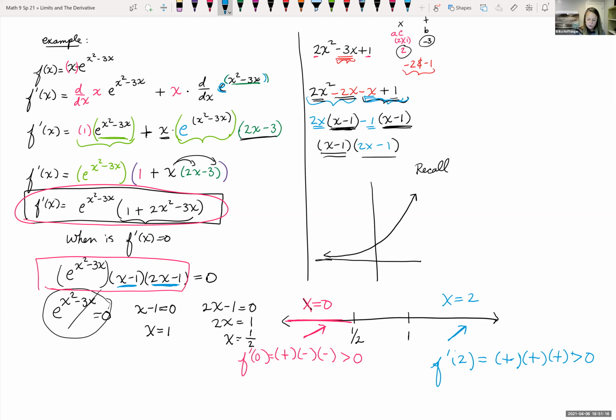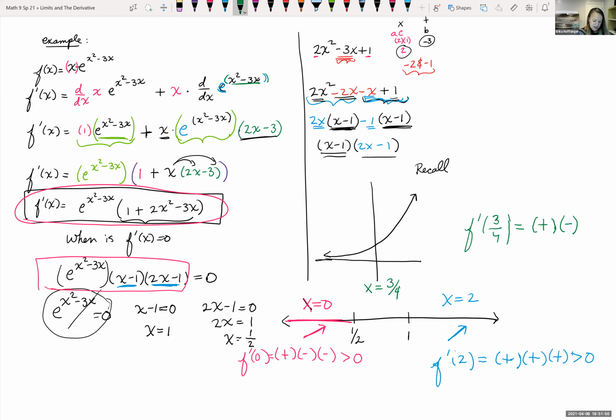That tells me it's increasing on values to the right of 1. Now I just need to worry about a number between 1/2 and 1. Let's just choose that really quick. How about x equals 3/4? Let me plug it into the derivative, f prime of 3/4. The e function is positive. 3/4 minus 1 is going to be negative.